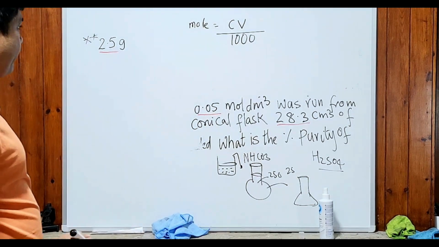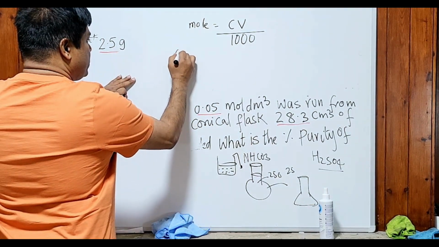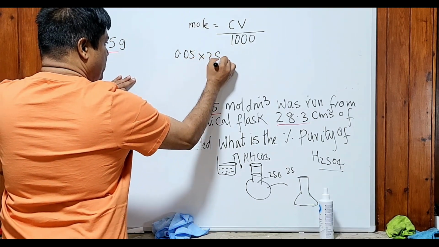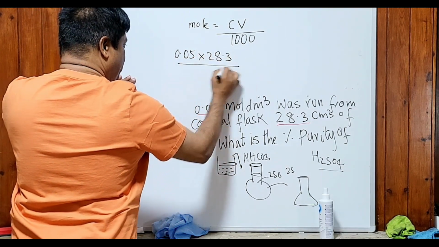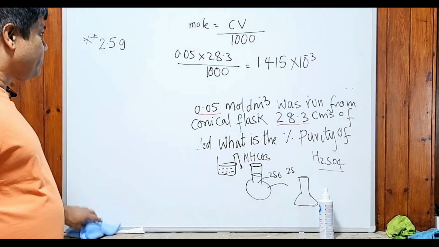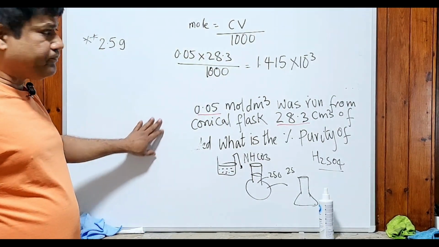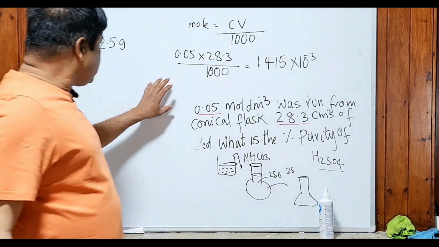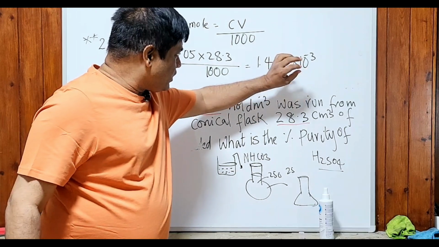Okay, 0.05 times 28.3 divided by 1000. Look at that. When you do the calculation, you will get this many moles of sulfuric acid.